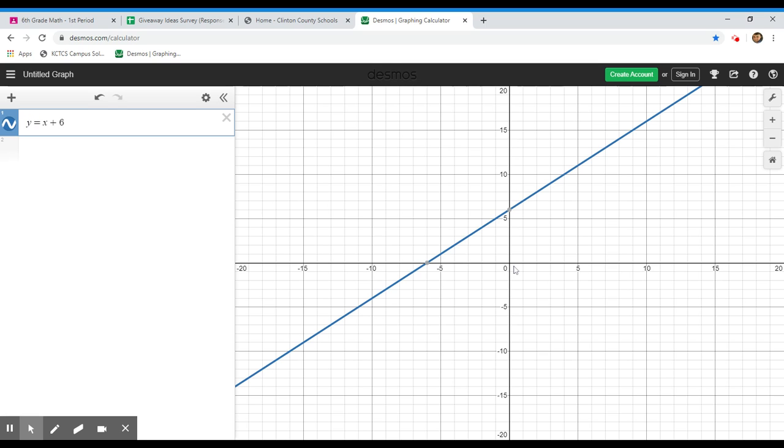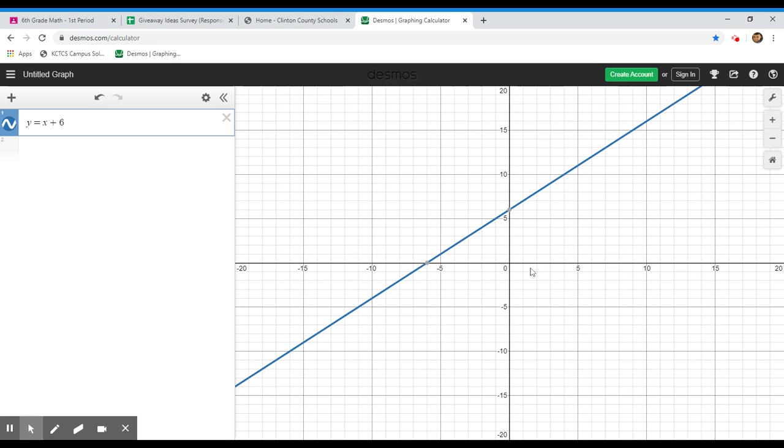So, in our equation here, let's say x is at negative 6. When x is at negative 6, your y is going to be 0. And that's what's represented on this ordered pair here. Negative 6, 0. Negative 6 being the x value in the expression, 0 being the y value in the expression.